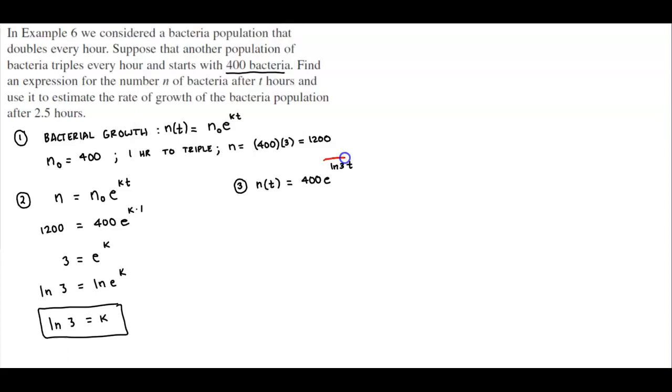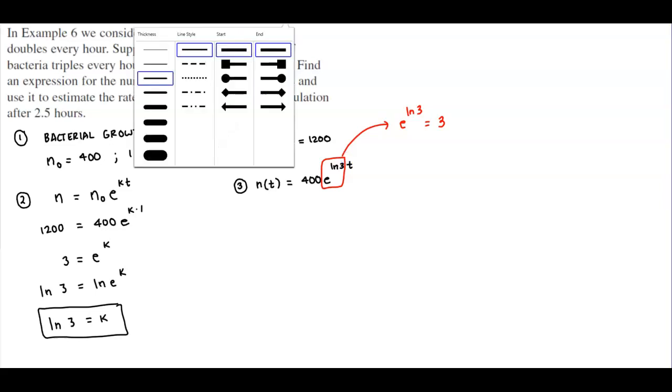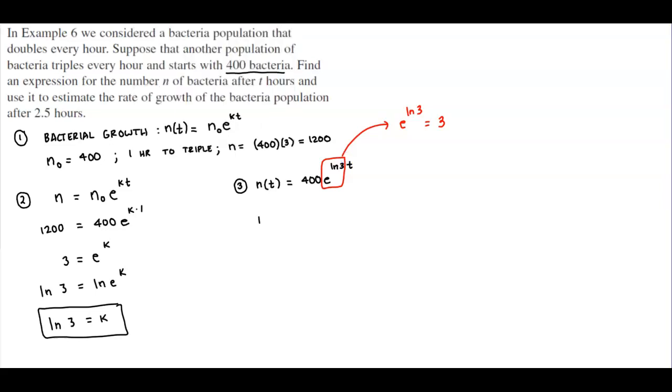So let's focus on this e to the natural log of 3. This is just something from before. e to the natural log of 3 is actually equal to 3. So we can now simplify this function a little further to be n of t, which is equal to 400 times 3 to the t power.